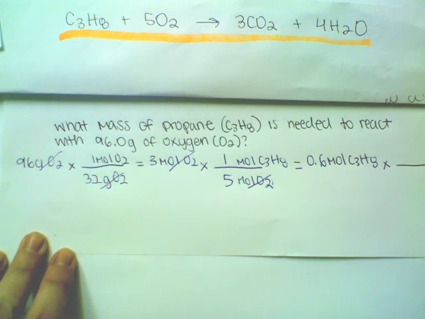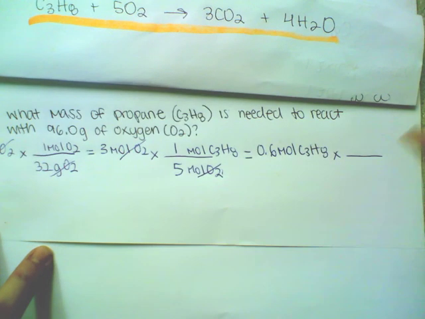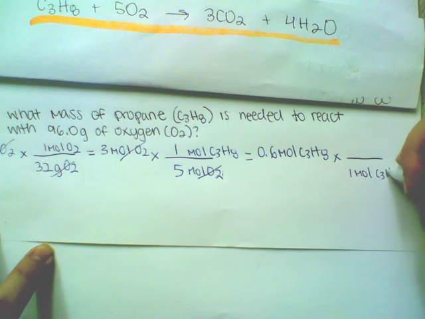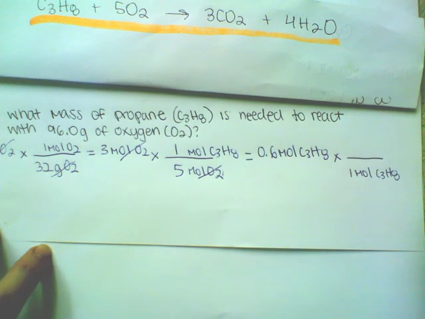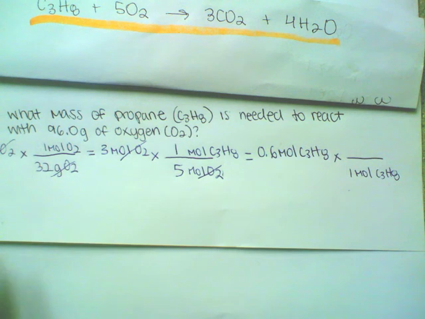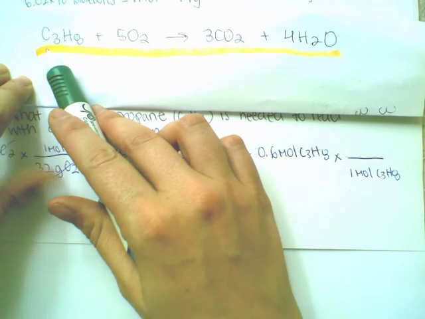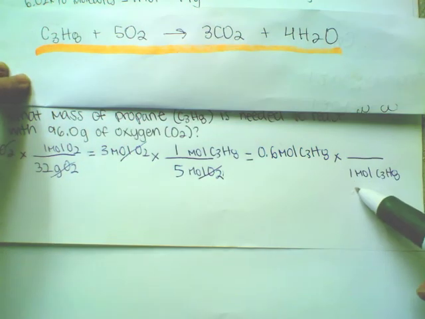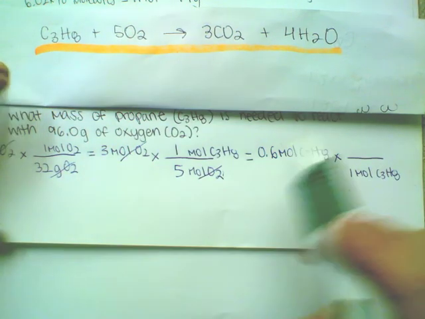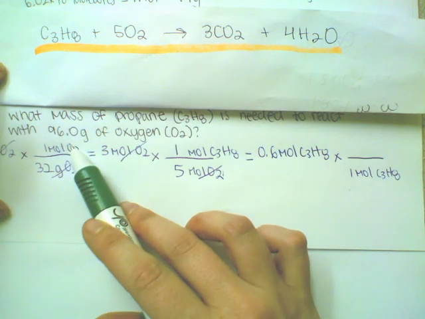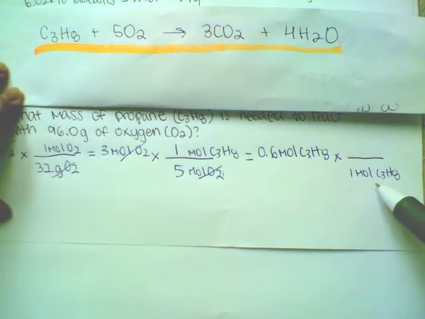Moles of C3H8 is on the top, so I'm going to put 1 mole of C3H8 on the bottom. Now this 1 is not due to the fact that we have a coefficient of 1 here. This 1 is because it's molar mass. Just like in this first step, it was the mass in 1 mole for molar mass. We're going to do the same thing here.